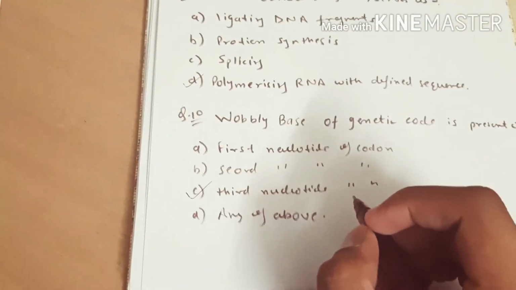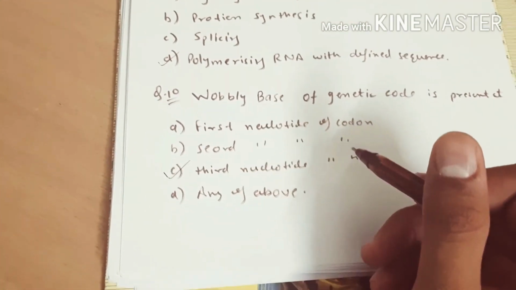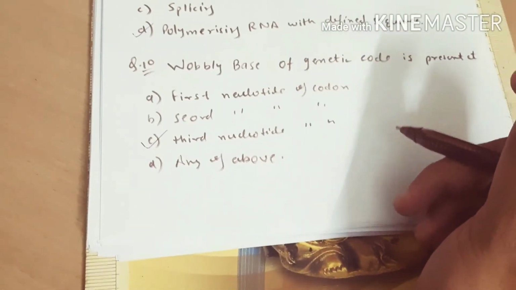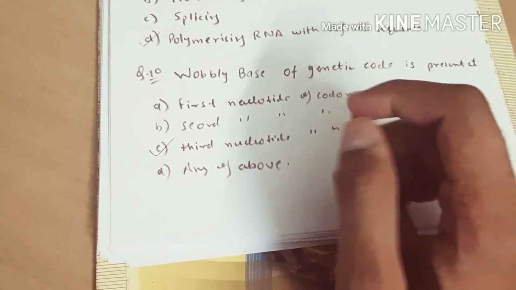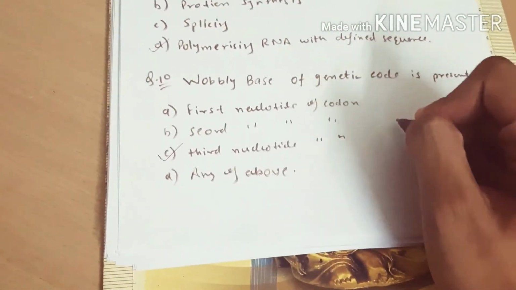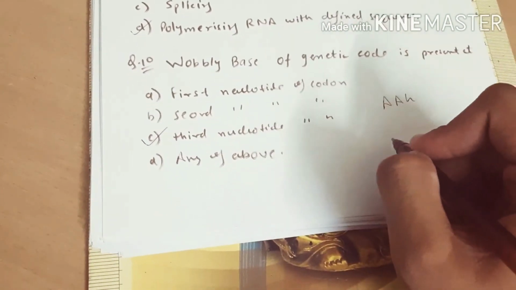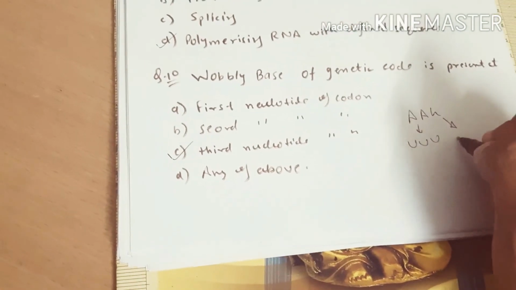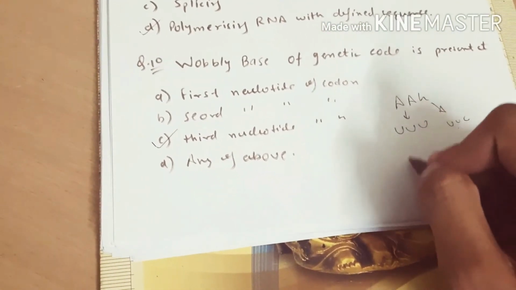This happens because normally an anticodon recognizes only one codon, but sometimes an anticodon recognizes more than one codon, and this we call wobbling. For example, anticodon AAG recognizes UUU and UUC, and both these stand for phenylalanine.